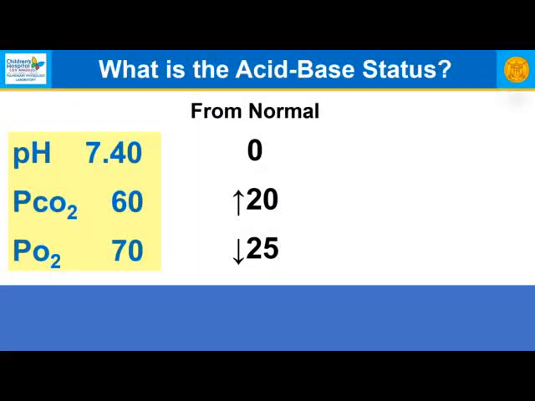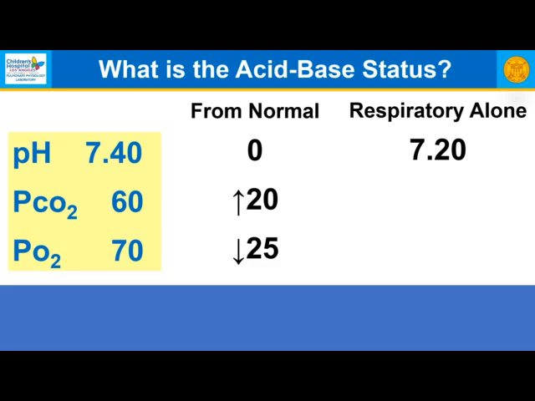Let's first look: the pH is normal, all right? PCO2, however, is up 20. So what pH would we expect for a PCO2 of 60? This is up 20, so the pH would have to be down 20 hundredths of a pH unit, or 7.20.